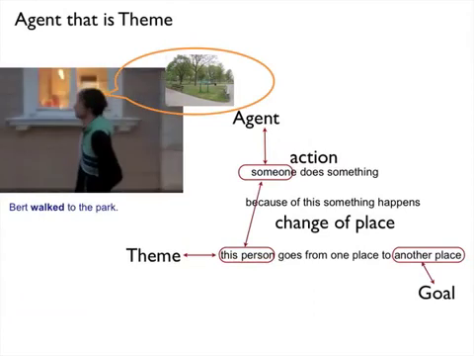And then you can even go further and have other kinds of scenarios, like an agent that is the theme, right? So if I say, Bert walked to the park, then did Bert do something? What did Bert do? He walked to the park, right? But it's also the case that Bert went somewhere. There was some motion, right?